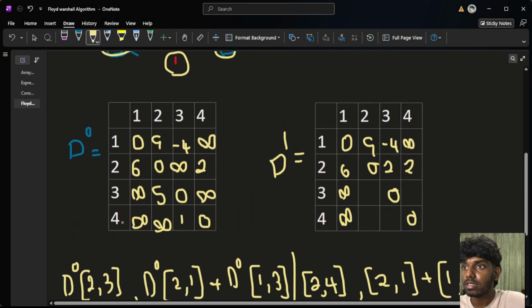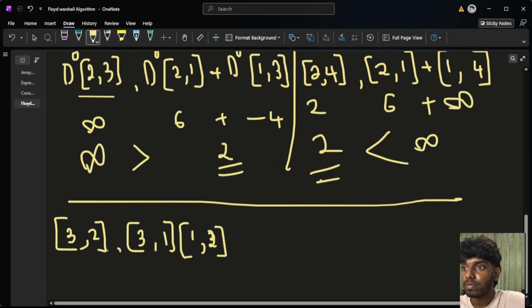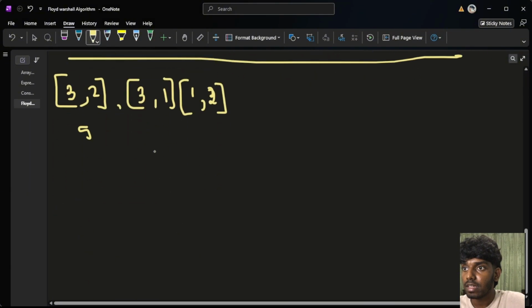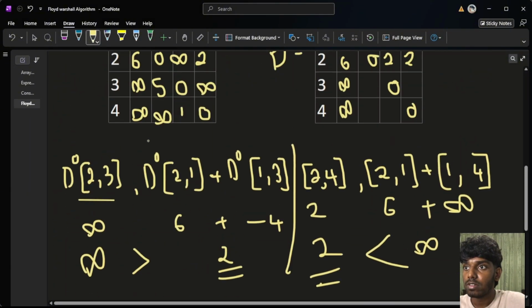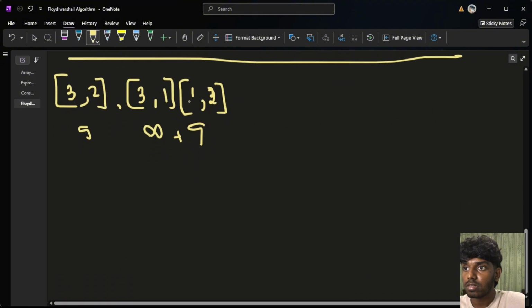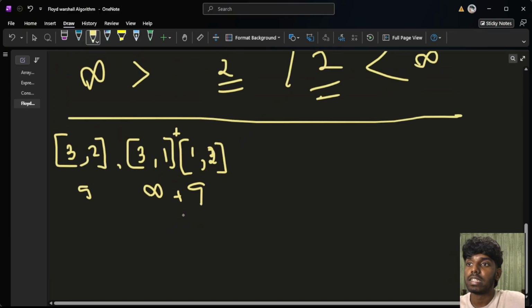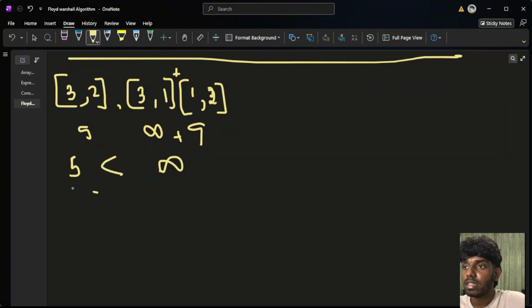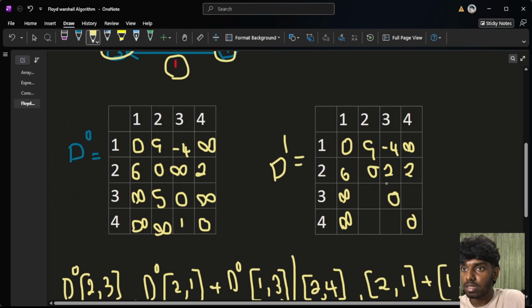So 3 to 2 is 5, 3 to 1 is infinity, and 1 to 2 is 9. There's a plus right here, and infinity plus 9 is infinity, and this 5 right here is the shortest number, so we are going to add the 5 right here.